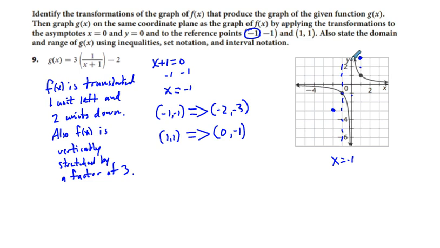We bring this point left 1 and down 2, so we go to 0, comma 1. And then this one below, you have to take down 2 more units, because the horizontal asymptote is right here. So we go to negative 2, comma negative 5. And so we're going to have something that looks like this.